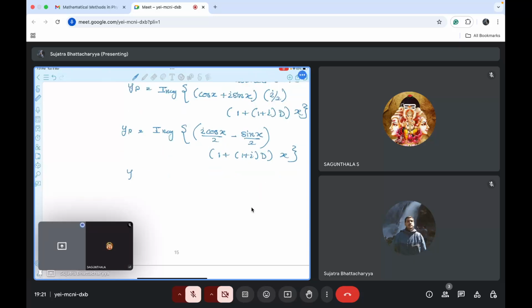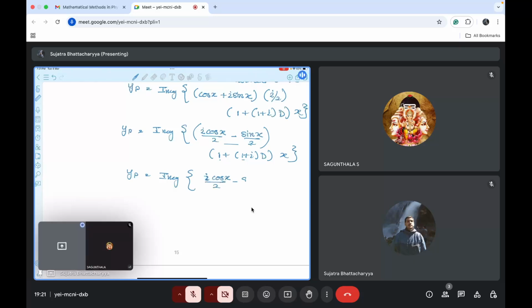Let's go further. Now it will be this multiplied by 1 and this multiplied by this. So it will be iota. This x is multiplied with 1. So let me just write it one step further.